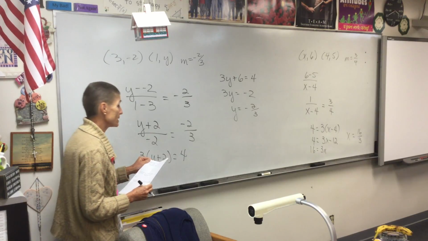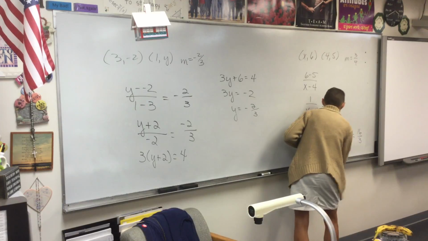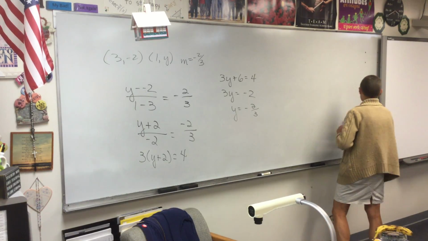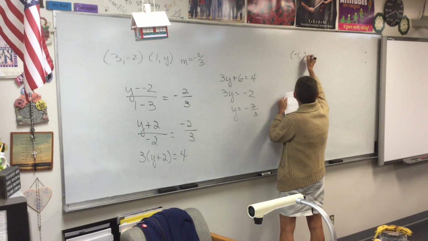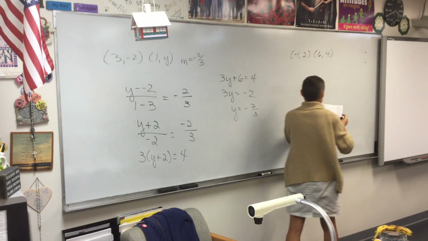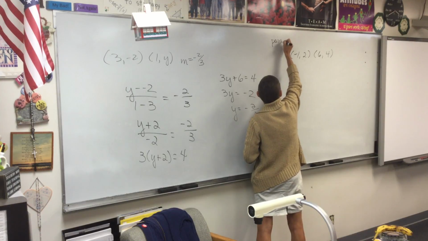Now, part 3, this is really the heart of the matter. This is really the focus. We are going to write the equation of a line through these 2 points. Now, if you look underneath the problem, I have a little star that says point slope. Use point slope.